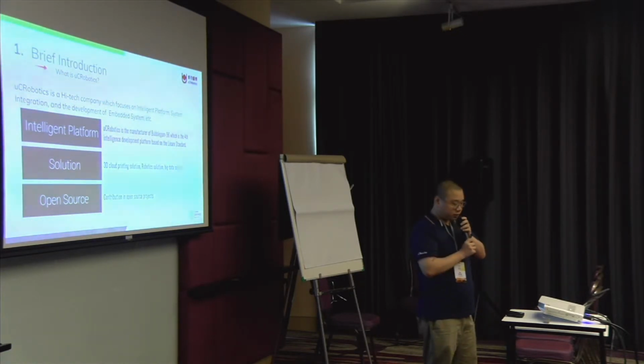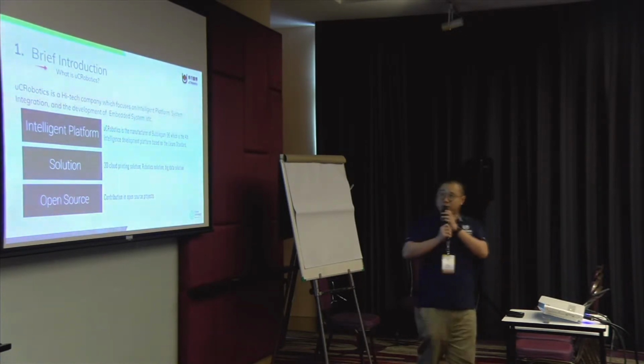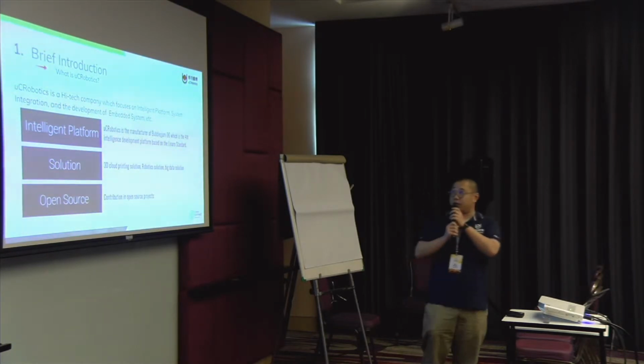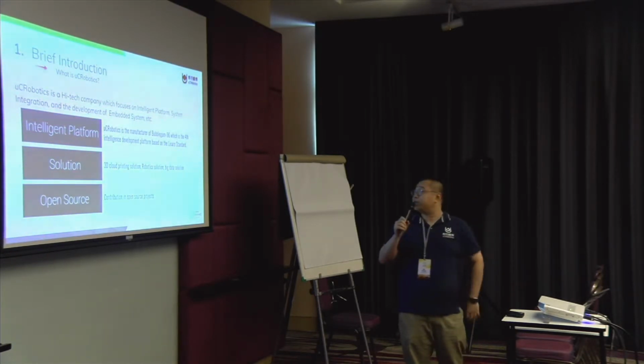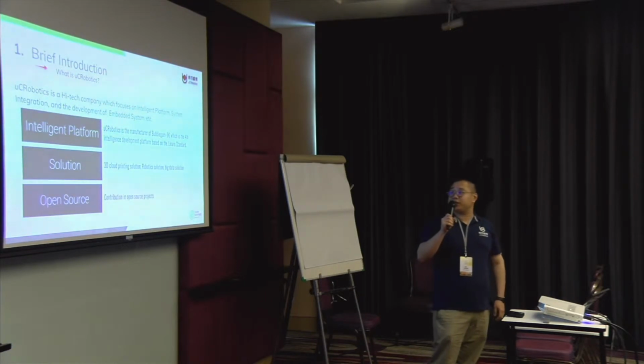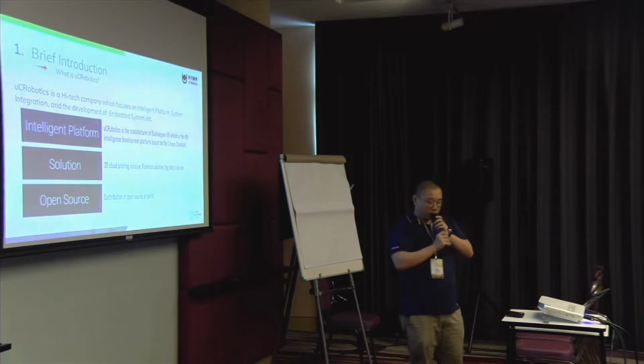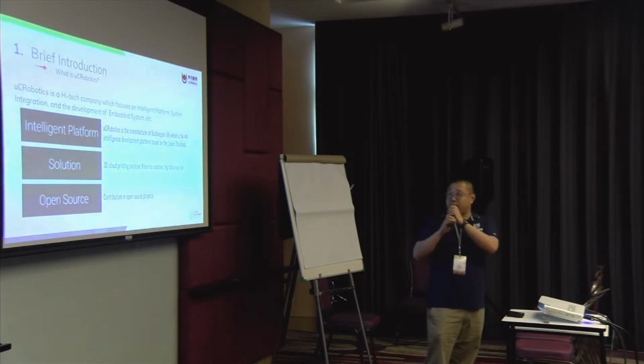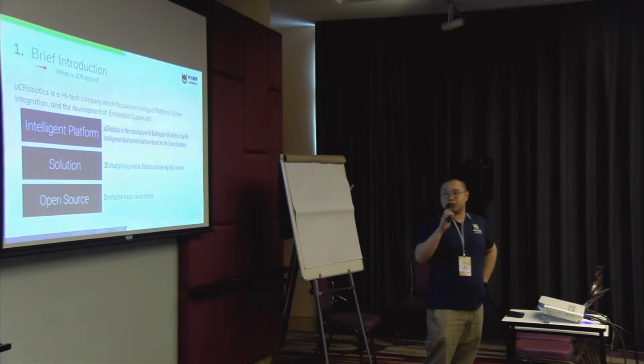First, who is uCRobotics? uCRobotics is a high-tech company focused on intelligent platform system integration and development of embedded systems. Actually, we are located in Beijing, China, and there are three keywords of uCRobotics.